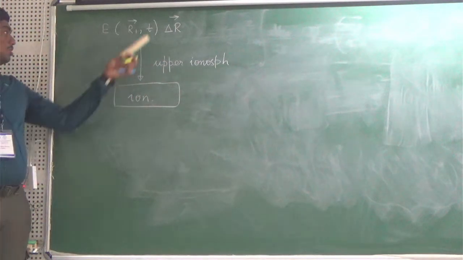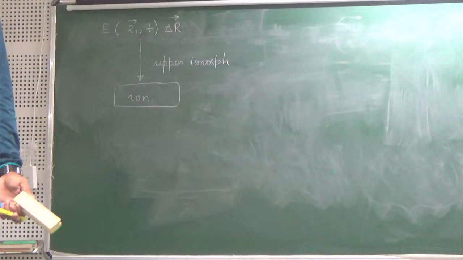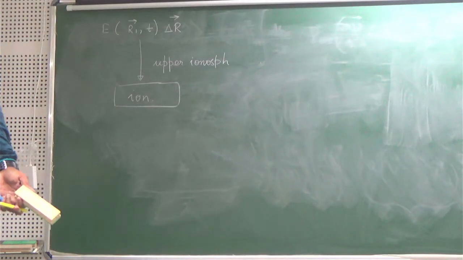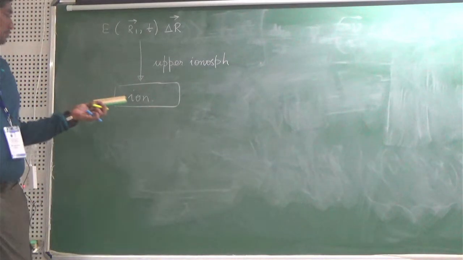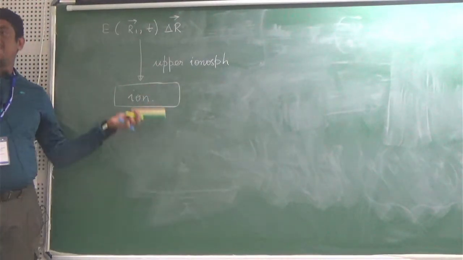For radio frequency emission, the ionospheric refractive index is not 1. It's a little different from 1, a little less than 1. Because of that, it will add a phase to the signal.